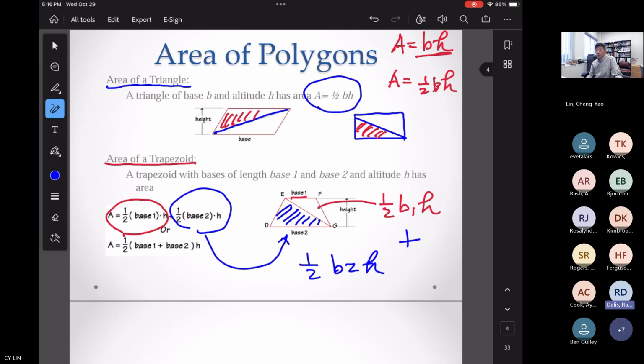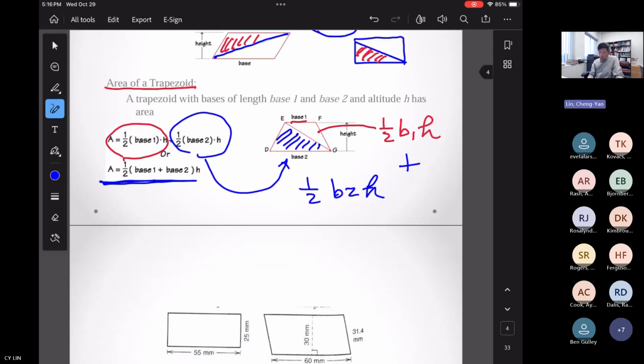And why does the textbook provide this? Let me show you how to do this. Because we have 1/2 base 1 times height plus 1/2 base 2 times height, right? And we just factor what?